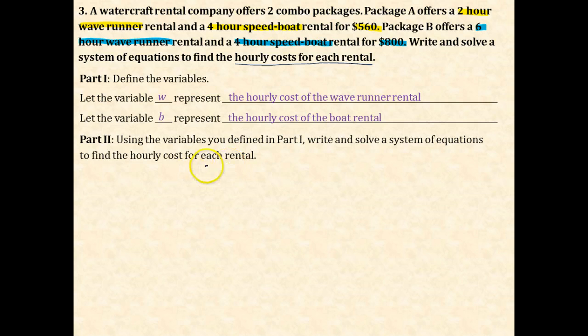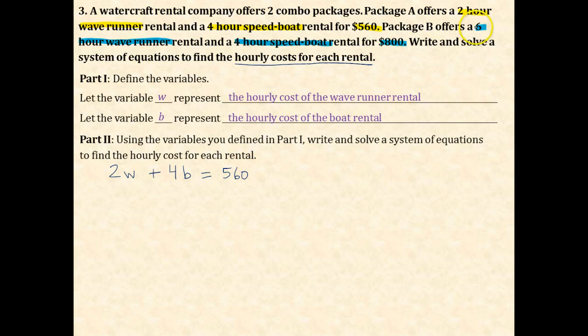Now, using the variables we just defined, we're going to write and solve a system of equations to find the hourly cost for each rental. So, a 2-hour wave runner rental, so 2 hours times W, the cost of a wave runner rental, plus a 4-hour speedboat rental, so 4 hours times B, the cost of a speedboat rental, equals $560.